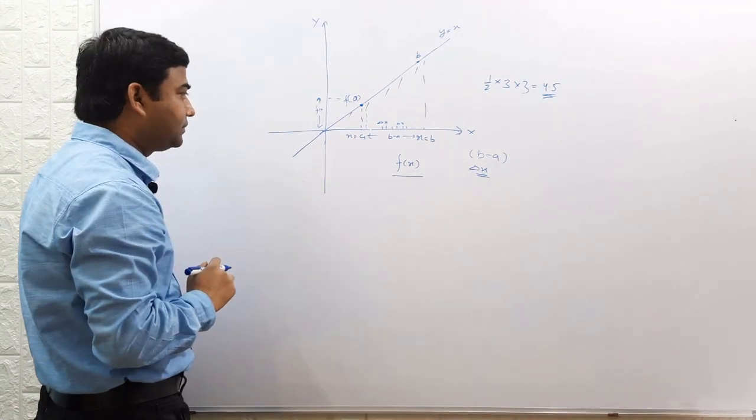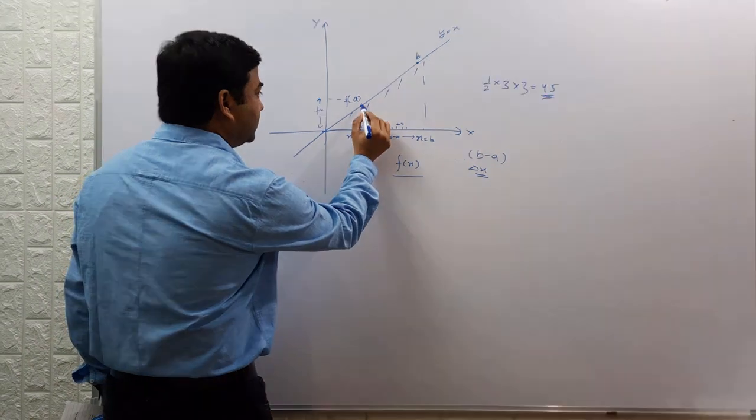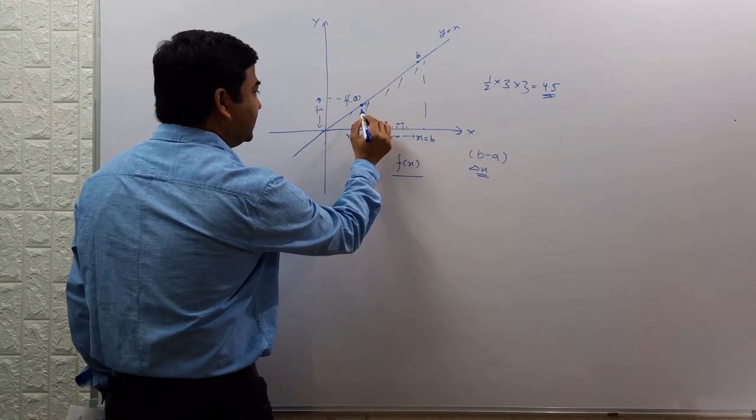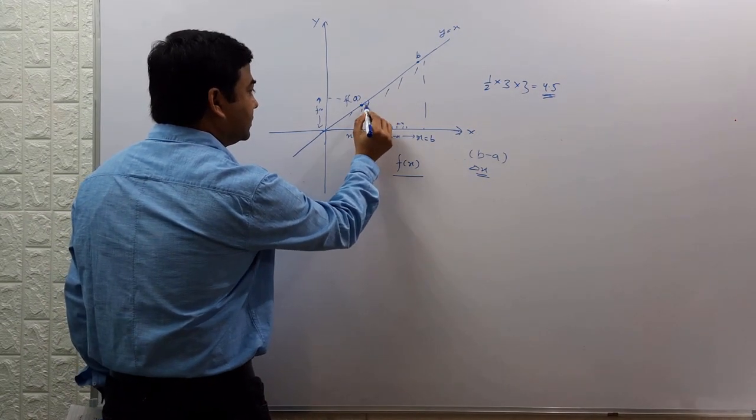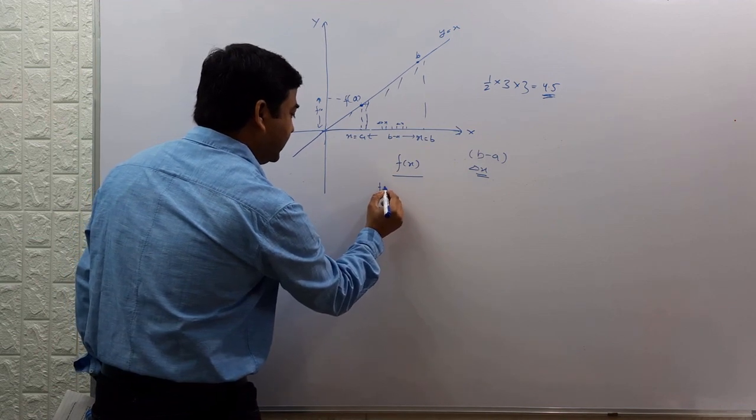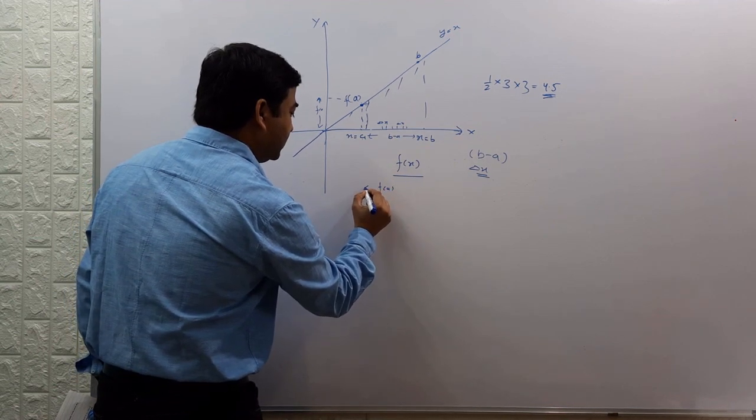But here we have started from x equal to a, so the first rectangle height will be f(a) into delta x.